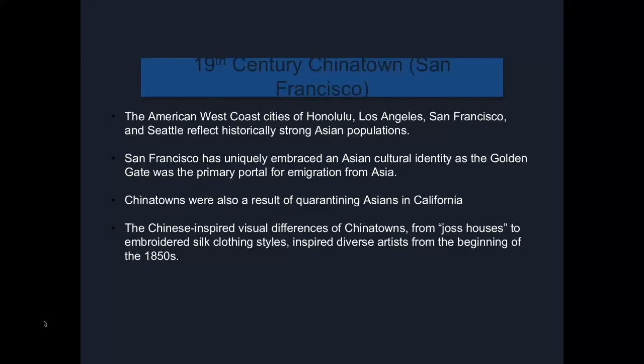Their residential environment was also quite limited because a lot of people in California didn't want to rent their houses to immigrants. So as you can see here, from houses to embroidered silk clothing styles, diverse artists were at work from the beginning of the 1850s.